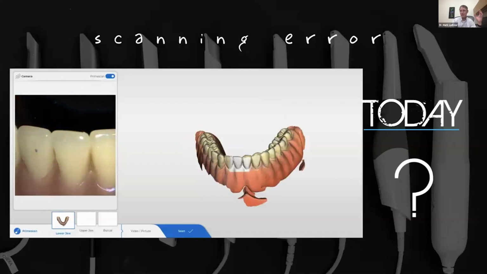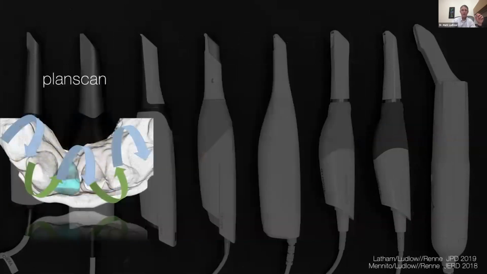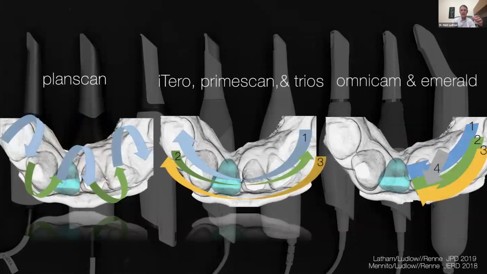It's really interesting watching, especially on our Trios 5, you can see it morphing the model each time as you scan, depending upon how you're scanning it. It's really quite cool. What we have found from our data is these are the general scan patterns that you have for the different scanners. But these things can change with software updates.